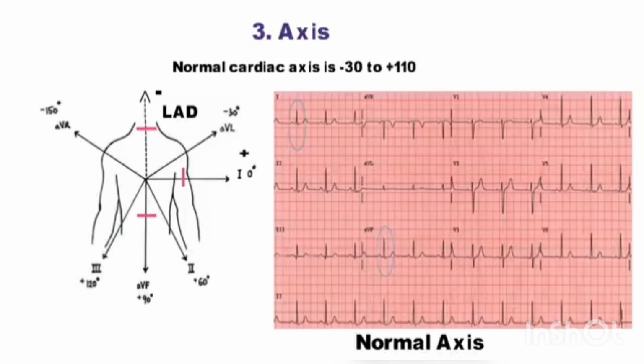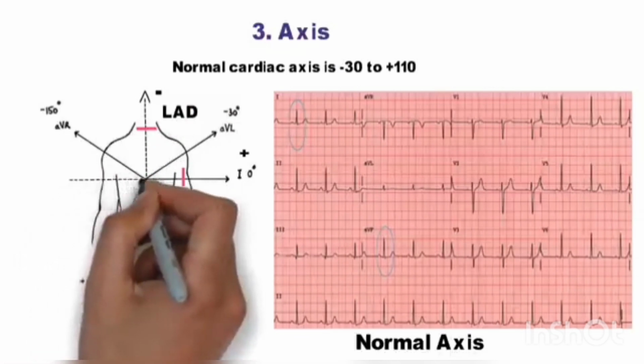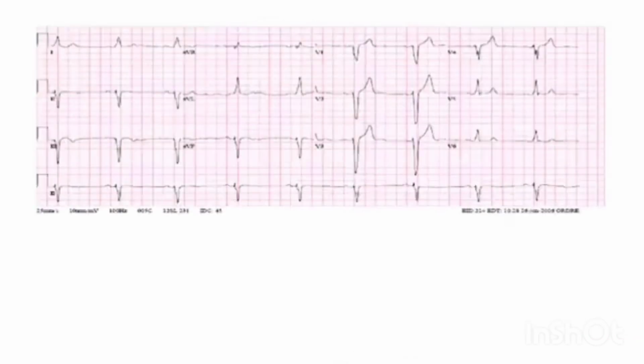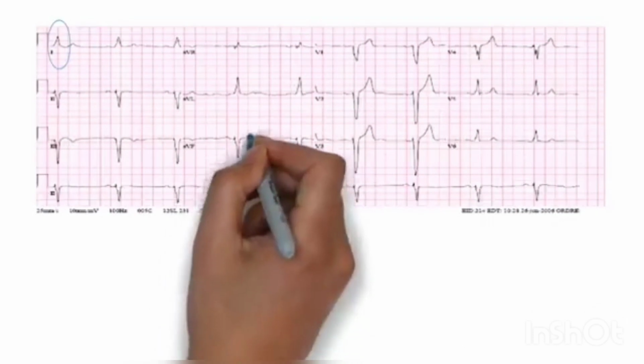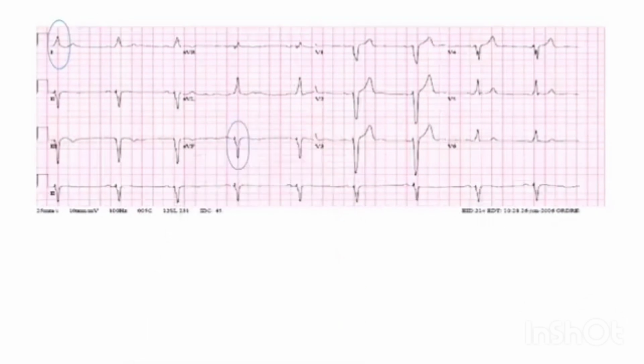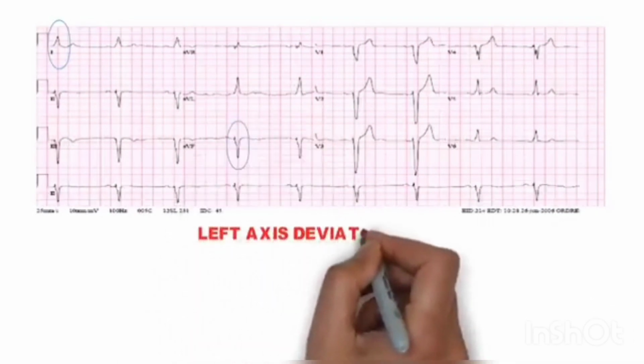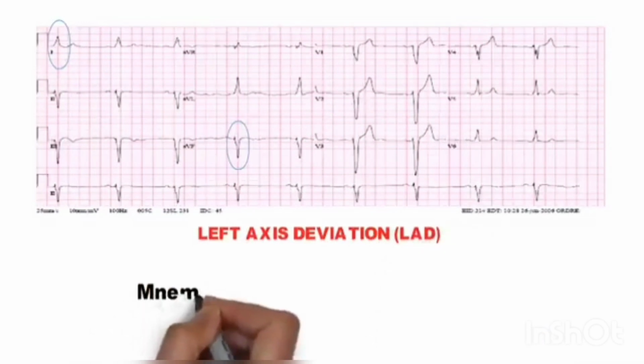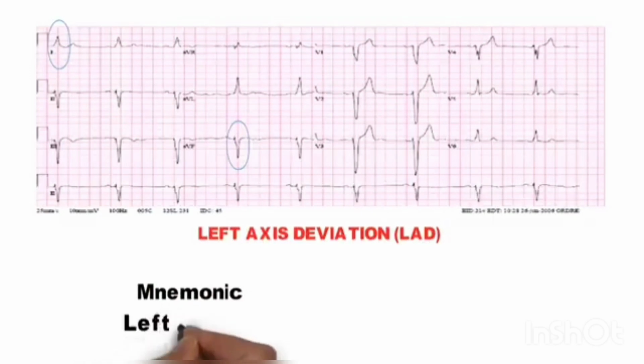Lead 2 will also be negative in left axis deviation. And if net QRS is negative in lead 1 and positive in AVF, the net vector will be in right axis deviation range. Now look at this ECG. Net QRS in lead 1 is positive and net QRS is negative in AVF. So this ECG is showing left axis deviation or LAD. And you can remember this by a mnemonic: left leaves.